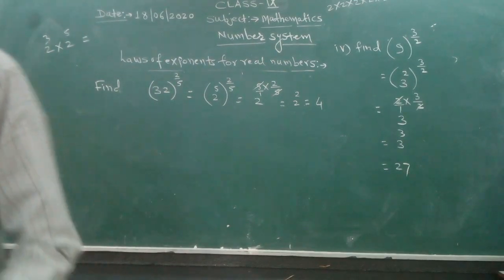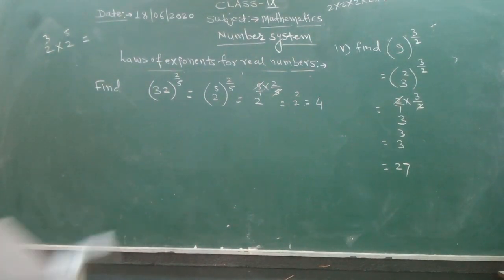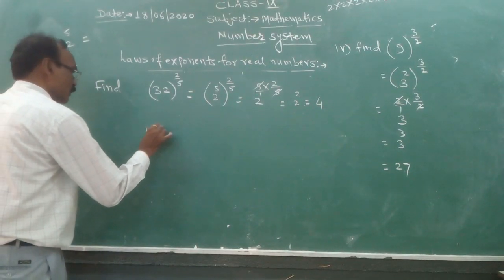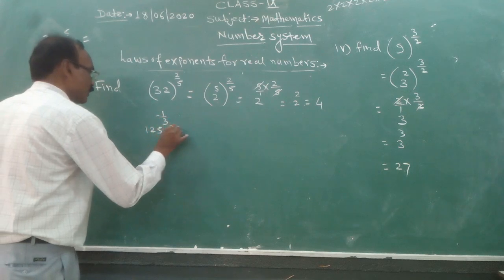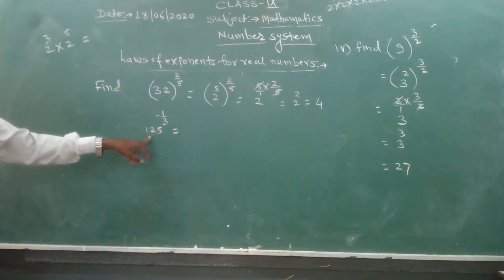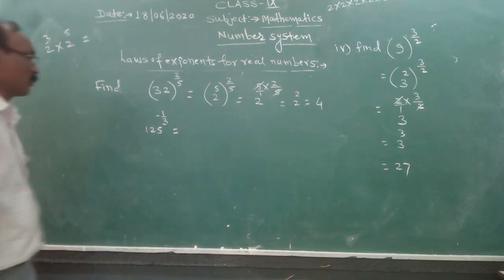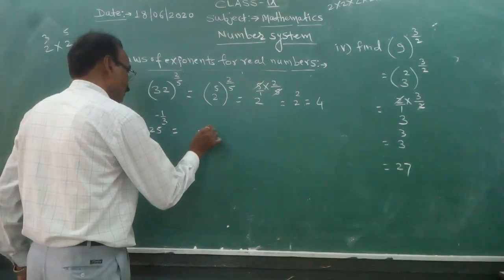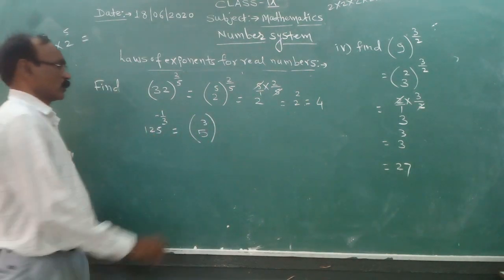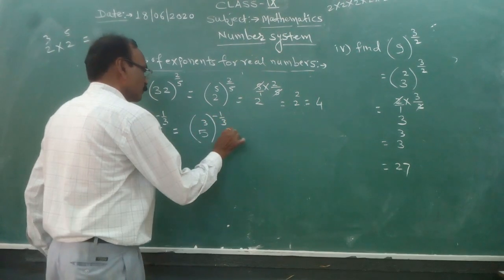Okay. Then 125 raised to the power minus 1 by 3. तो यहाँ पे डिनोमिनेटर 3 है. Write 125 in terms of cube, power 3. So it is 5 cube is 125 and power is minus 1 by 3.